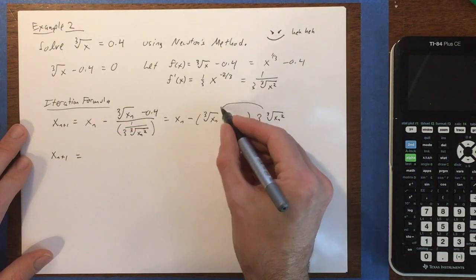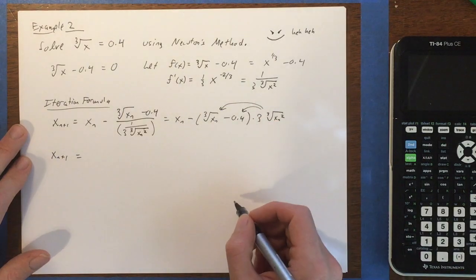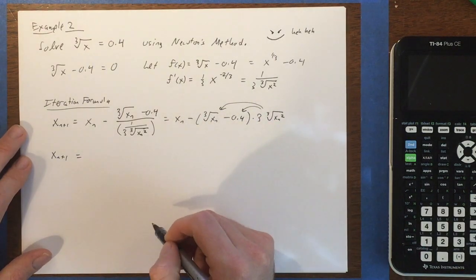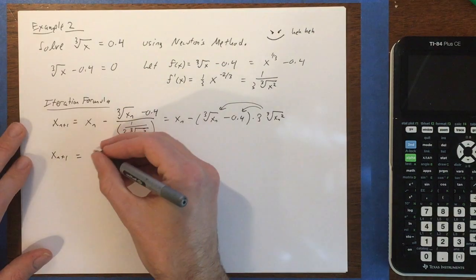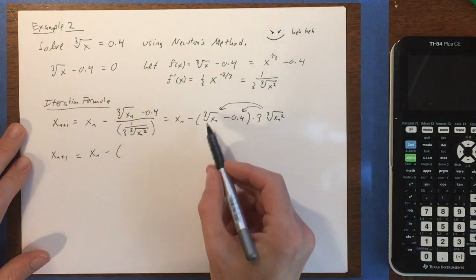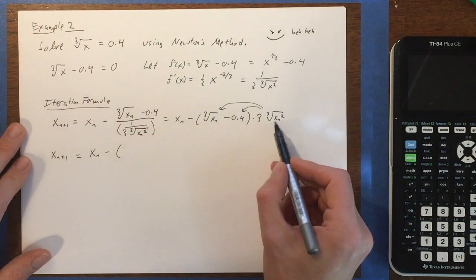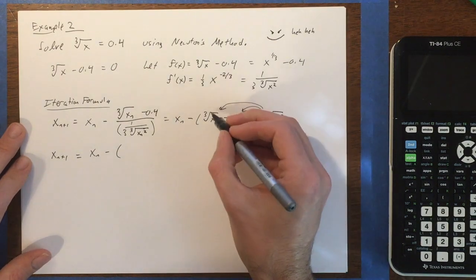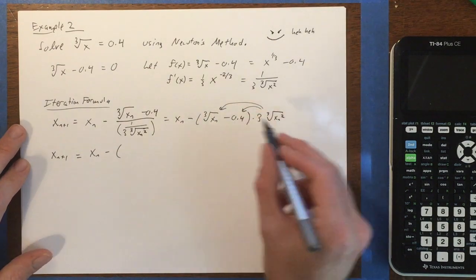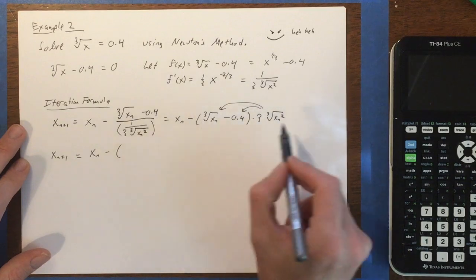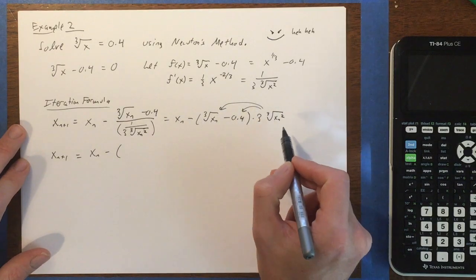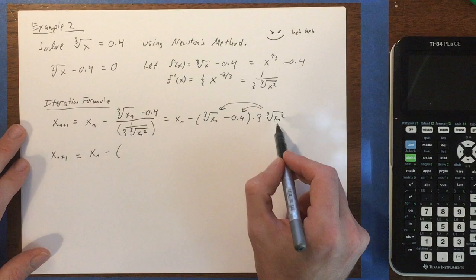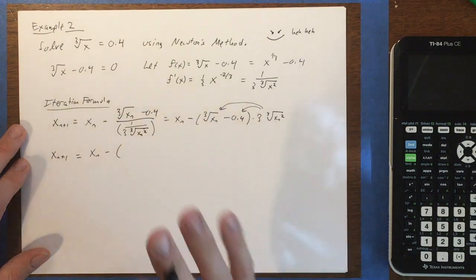We're going to distribute this multiplication across the subtraction here. So we're going to have xn minus, and then the cube root of xn times the cube root of xn squared. This is a 1/3 and this is a 2/3 power. If you add those together, 1/3 plus 2/3 is equal to 1. So actually the product of that and that is going to be just xn to the power 1.